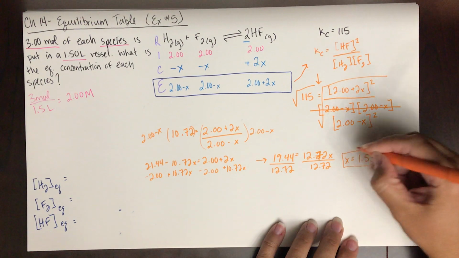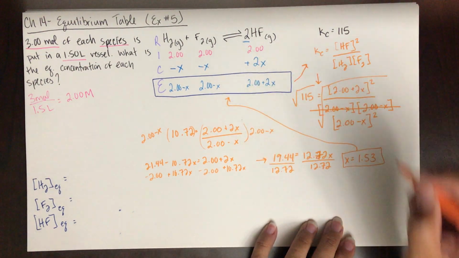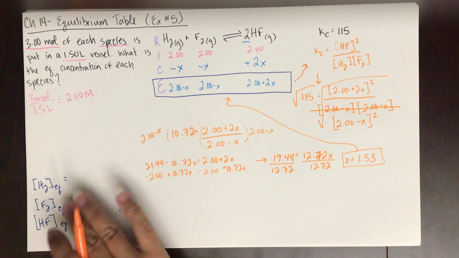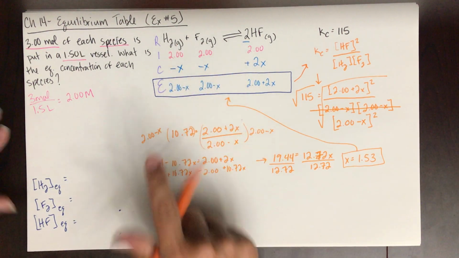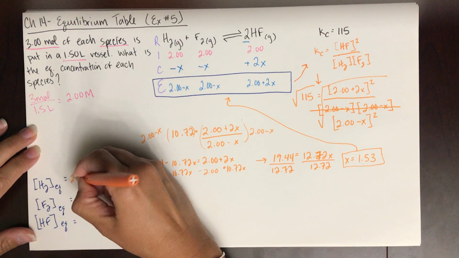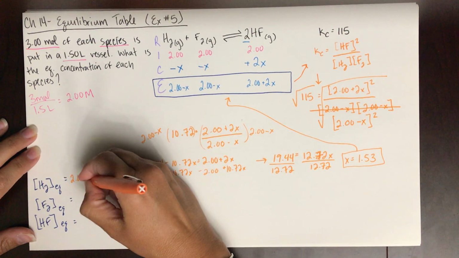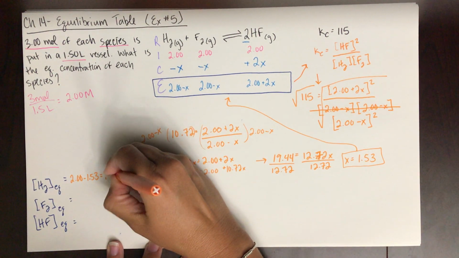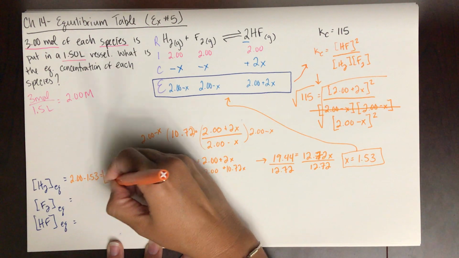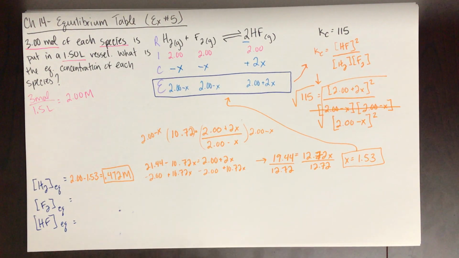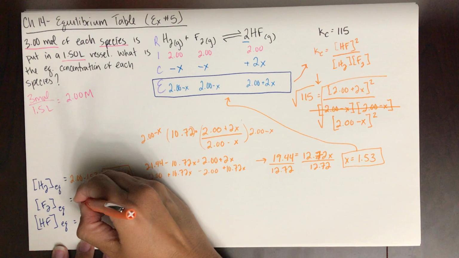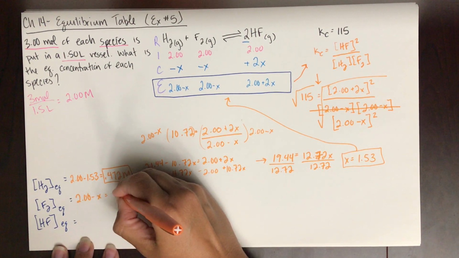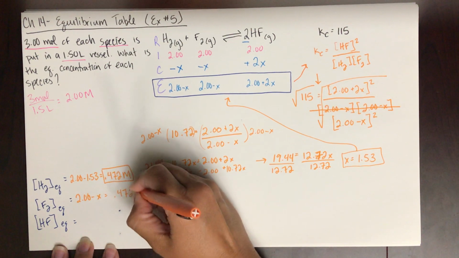This x is what we are going to plug back in up here to solve for these molar concentrations. So that's what I'm going to write down here. The concentration of hydrogen is going to be 2.00 minus x, 1.53, which is going to be 0.472 molar. That's the concentration of hydrogen. Same for fluorine. 2.00 minus x is going to be 0.472 molar.